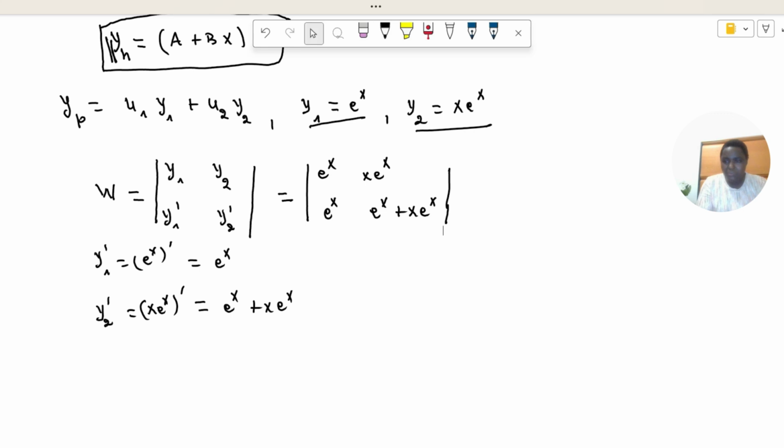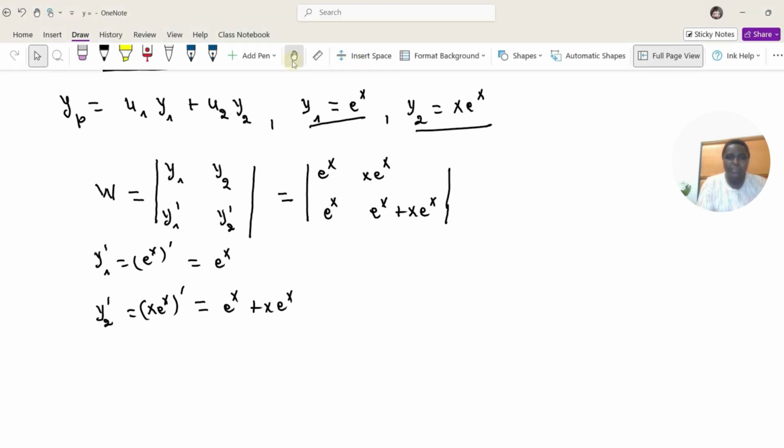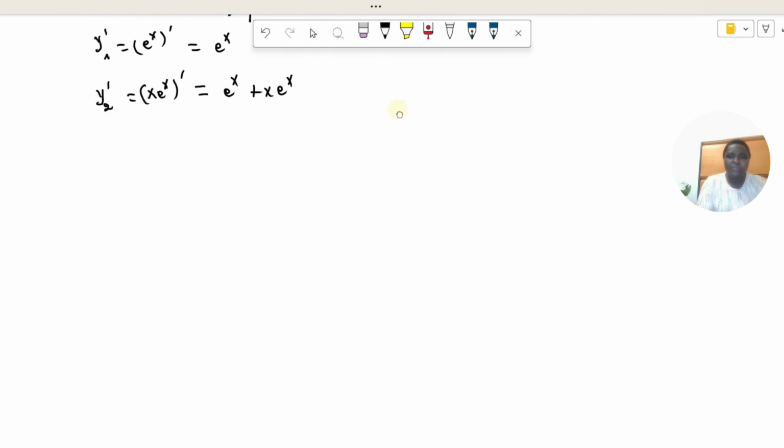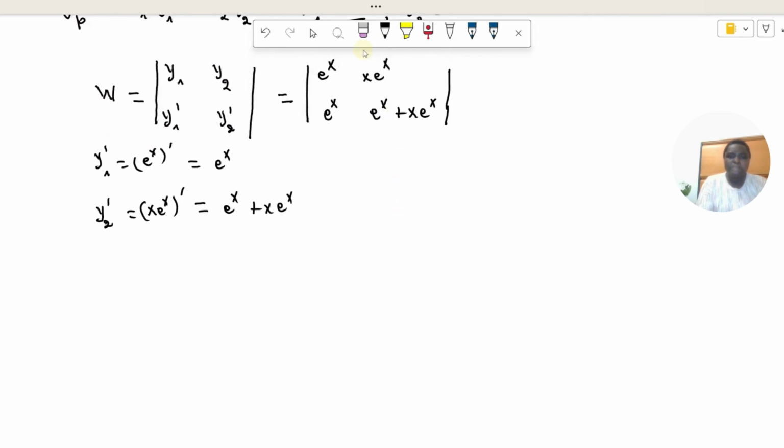So this determinant will be equal to what?